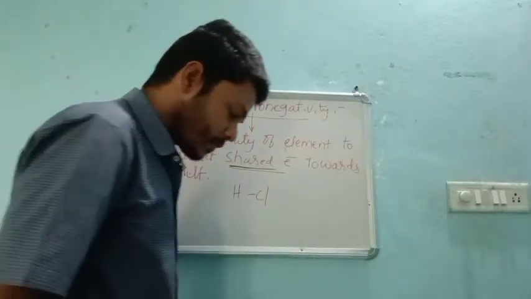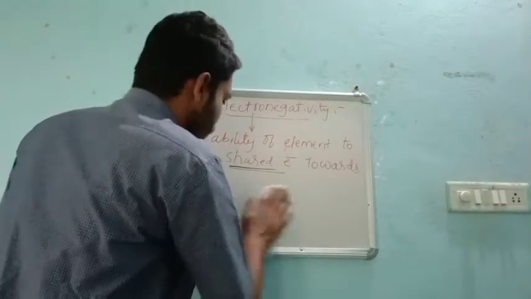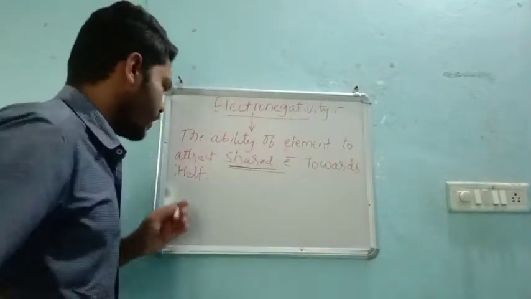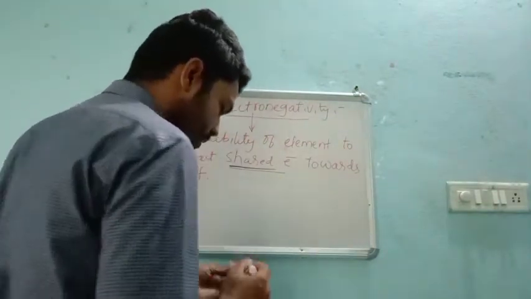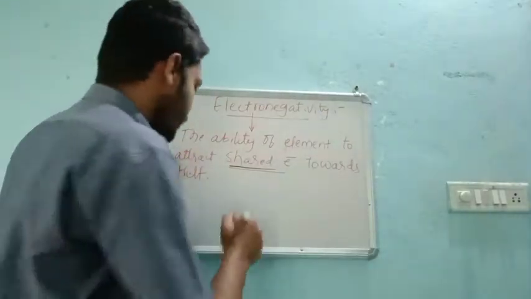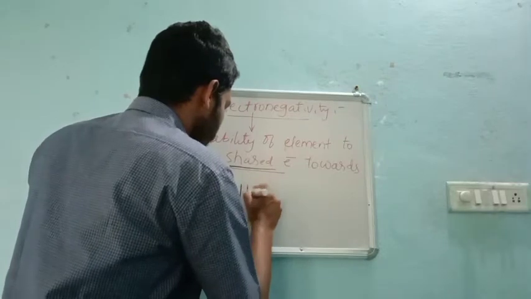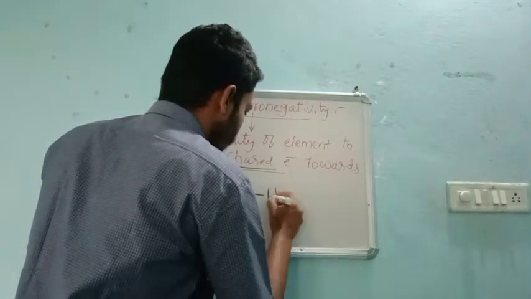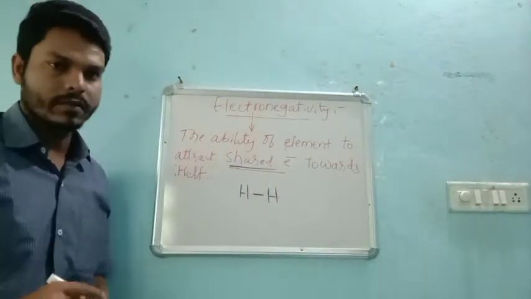Now we'll take one more example. For understanding purposes, we can take covalently bonded elements like H and H, so that we can easily understand this concept.